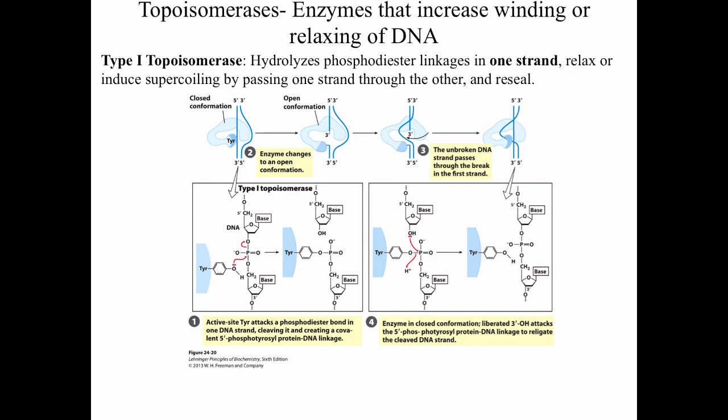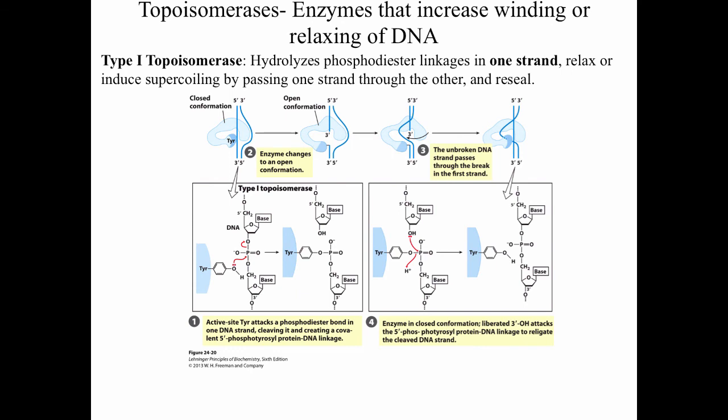And so what they do is the enzyme binds the double-stranded piece of DNA, and an active site tyrosine will attack the phosphate group in the phosphate backbone of DNA, which breaks the bond between the phosphate and the oxygen attached to the 3' carbon of the DNA backbone.